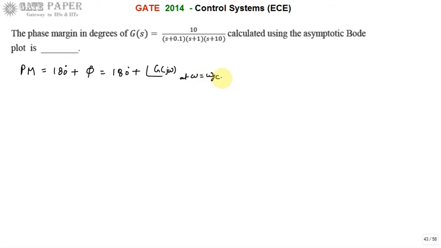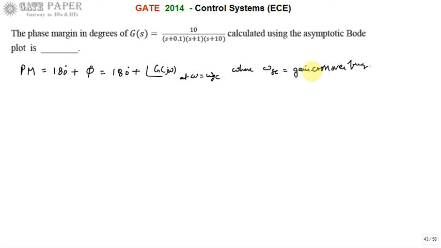Omega gc is the gain crossover frequency. Phase angle at gain crossover frequency is phi, and if you add 180 degrees, the result is nothing but the phase margin.